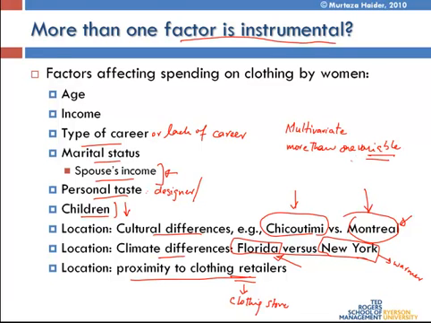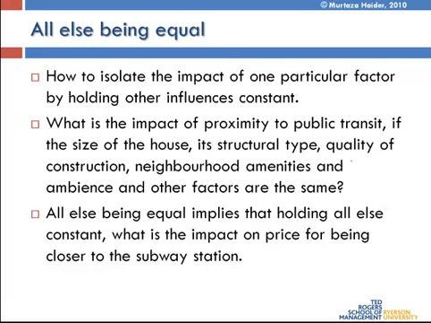Now, a key concept in regression model is called all else being equal. And the phenomena is how to isolate the impact of one particular factor or variable by holding other influences constant. That is, if all else that matters is held constant, how is that one particular factor influencing the behavior?